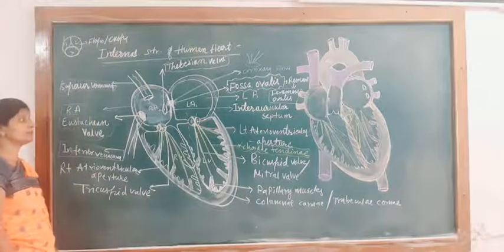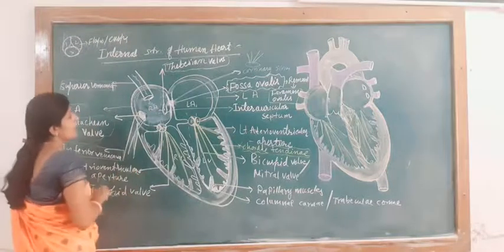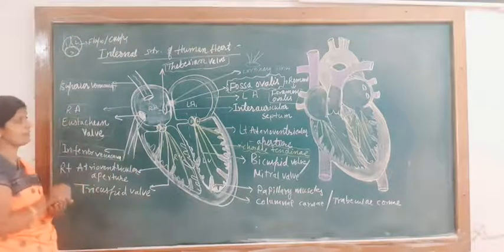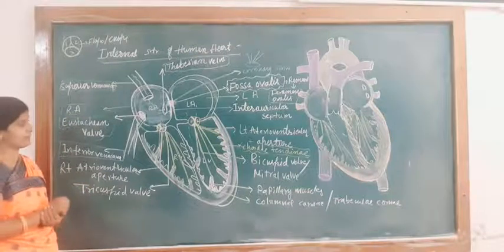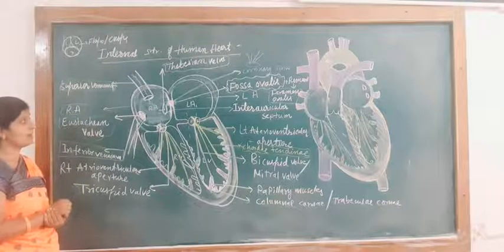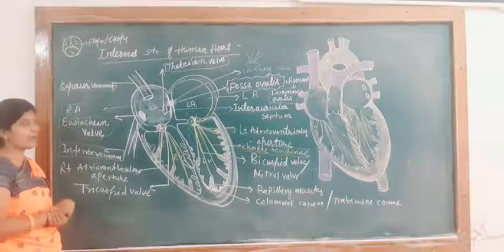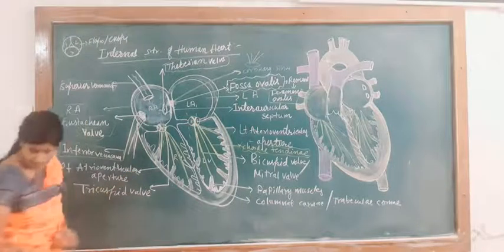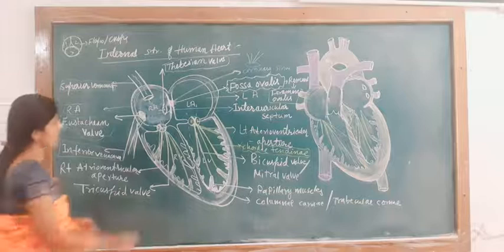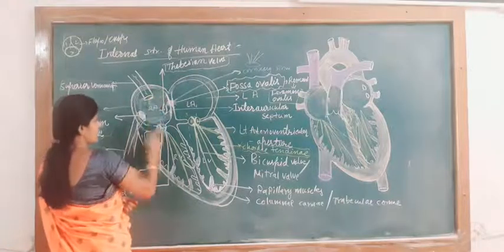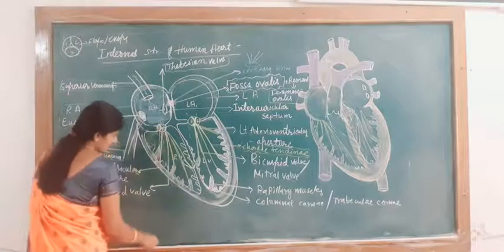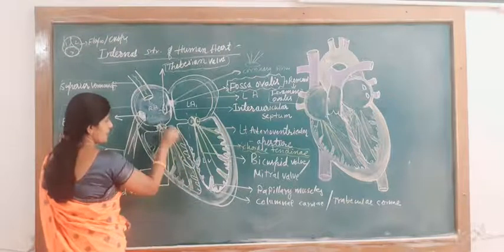Later on, two big arteries take their origin. First one, the pulmonary aorta, on this side. The deoxygenated blood is coming into this chamber.